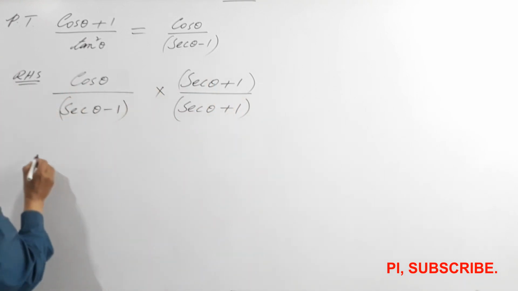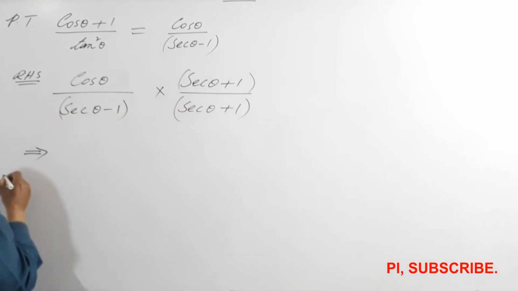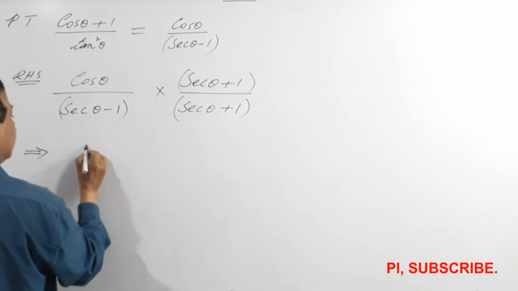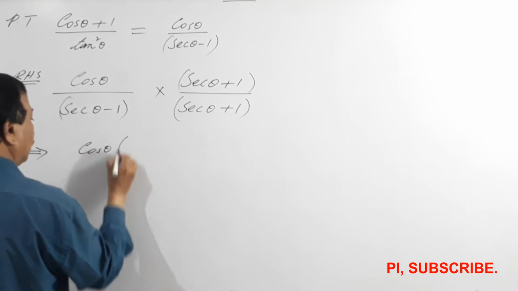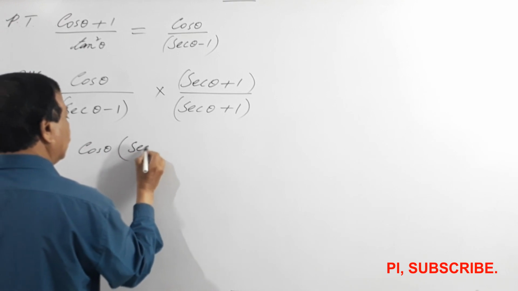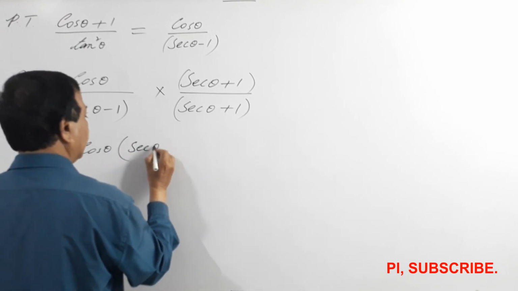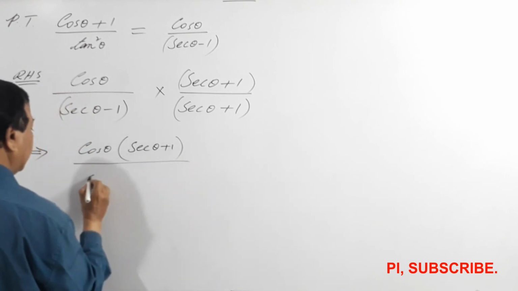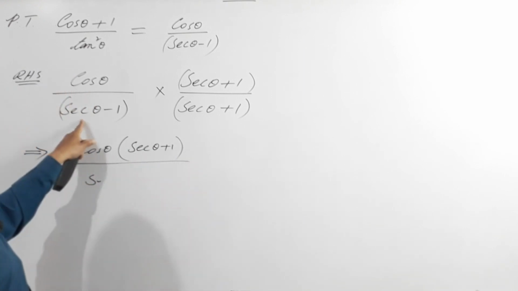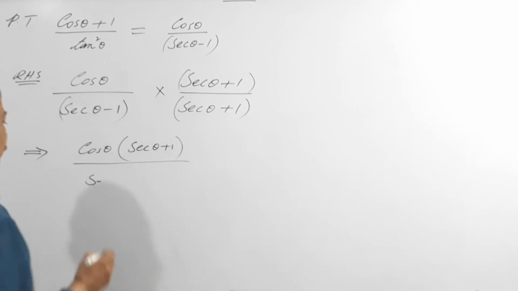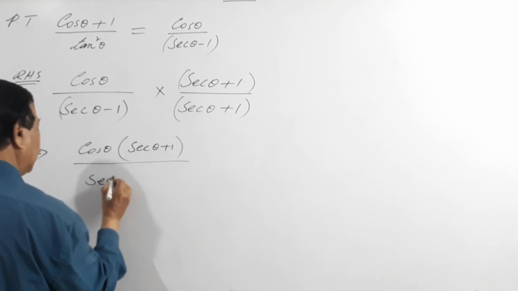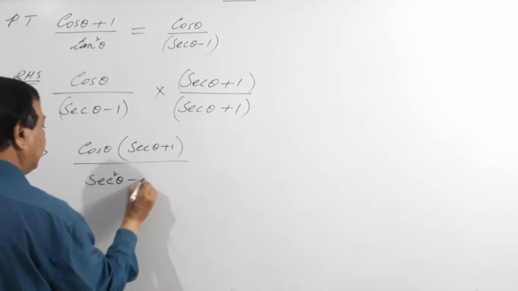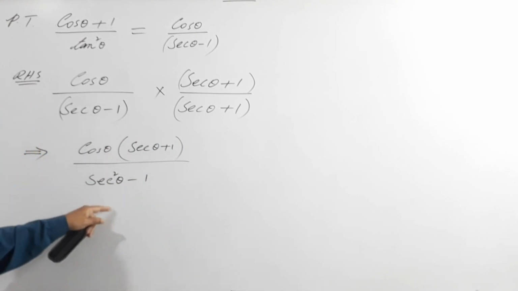So what does this become? Cos theta into secant theta plus 1 divided by, this is a minus b into a plus b, that is secant square theta minus 1, that is a square minus b square.